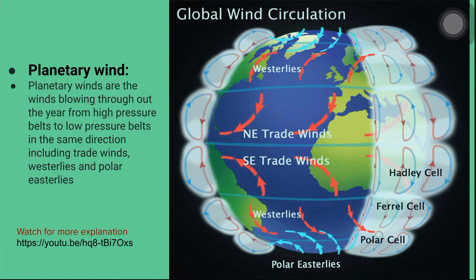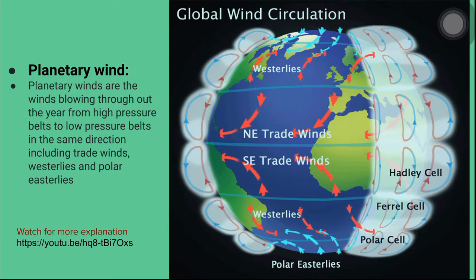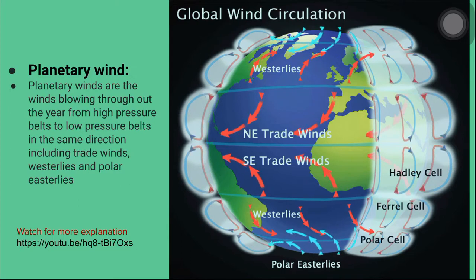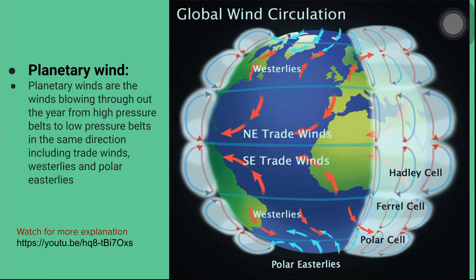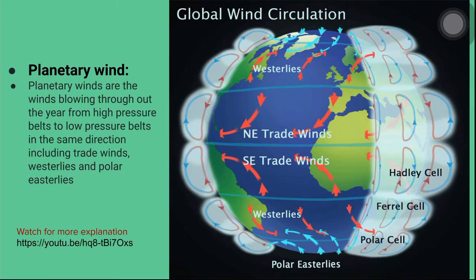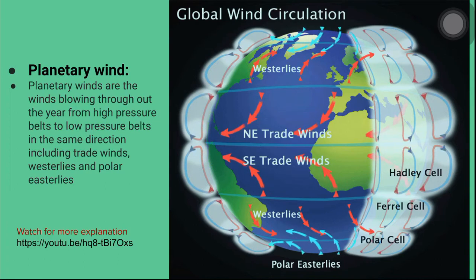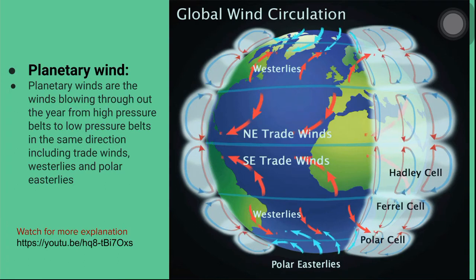Air rushes in to take the place of the warm air that has risen. Meanwhile, as the warm air travels away from the equator, it cools and sinks at 30° north and 30° south. This circulation of the air is called the Hadley Cell.